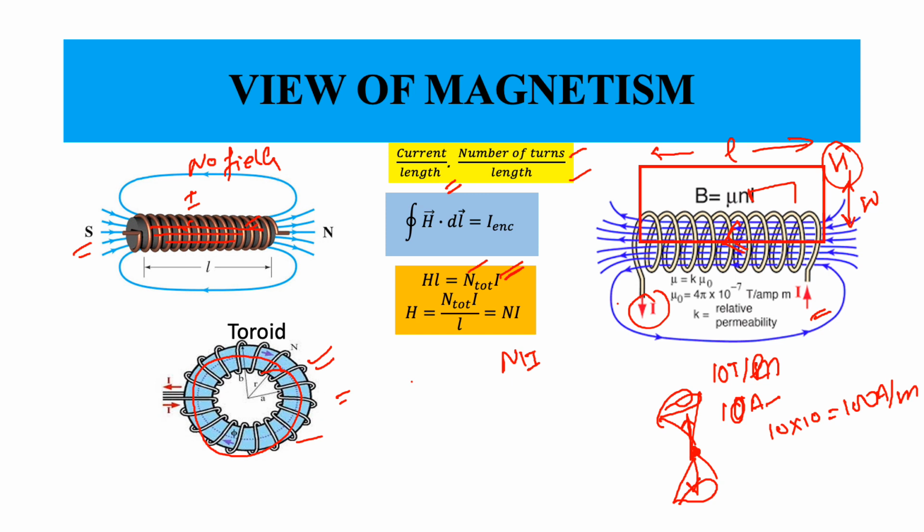What you have to understand is that each turn is contributing a current of I ampere, and if there are a total number of N turns in the ampere loop that you have considered, the total current will be N total into I. That would be the right hand side of ampere law.